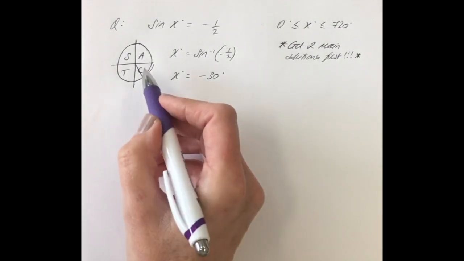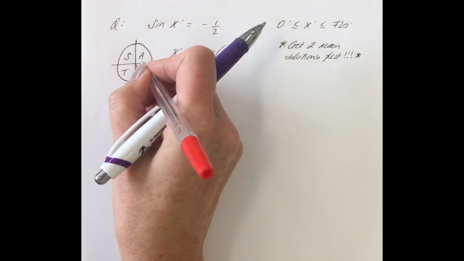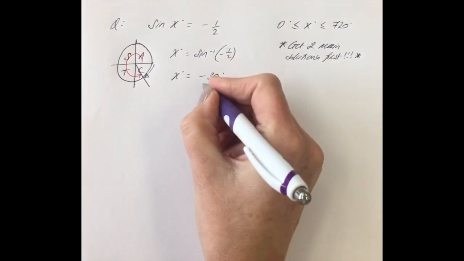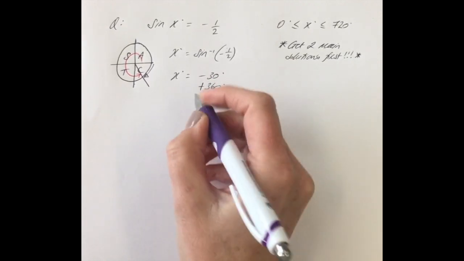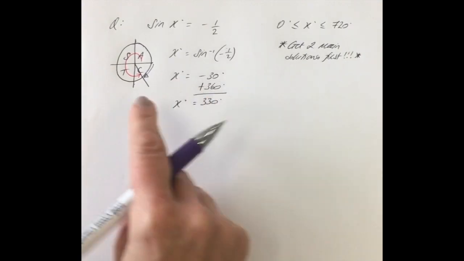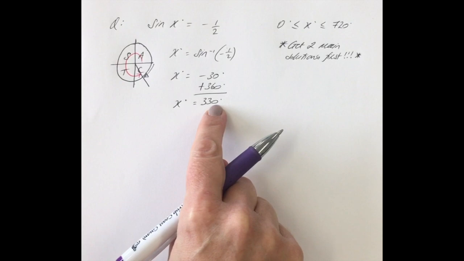And so technically that angle from here all the way around to here is, of course, if you add 360 onto it, 330. So that angle there in red in that C quadrant is 330 degrees.